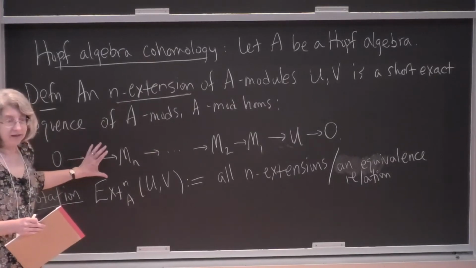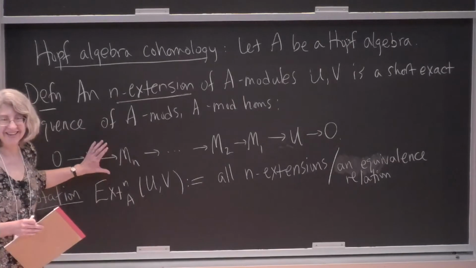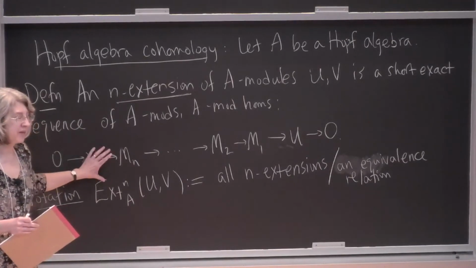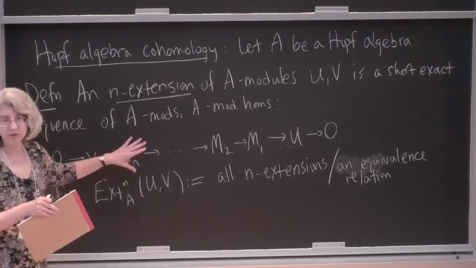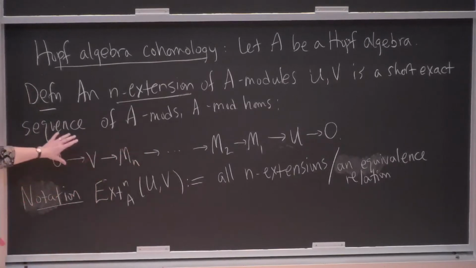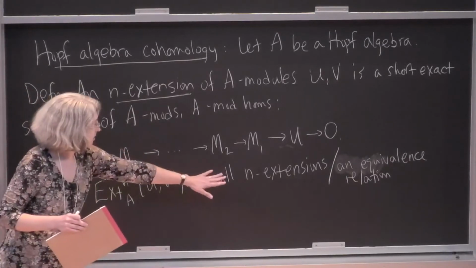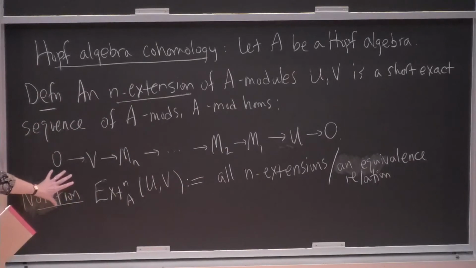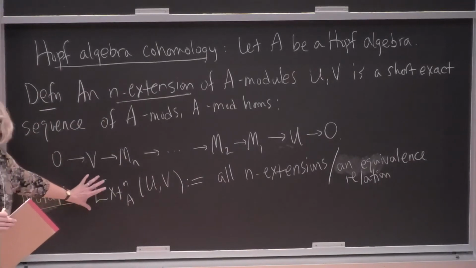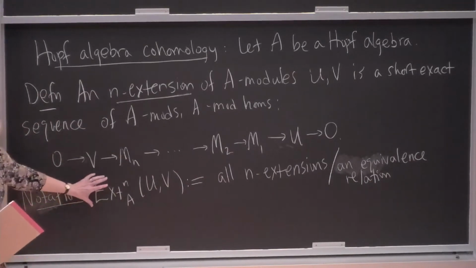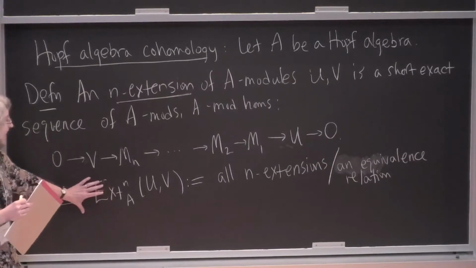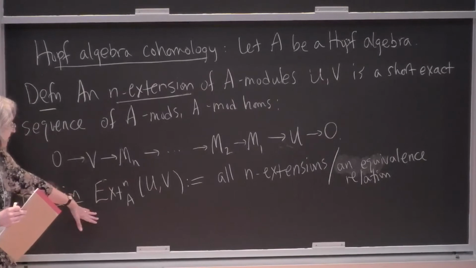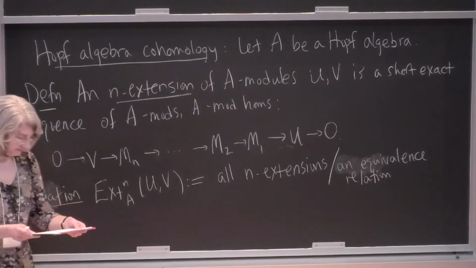That's not a symmetric relation if n is bigger than 1, and so extend it to an equivalence relation, and that's what you get. So you take all n extensions, mod out by this equivalence relation. This is not the standard definition of Ext^n, but it's the shortest one. And I like to use it because it makes it easy to define a product. Okay, so this is Ext^n of U and V.